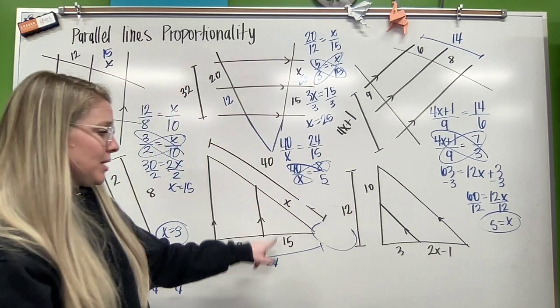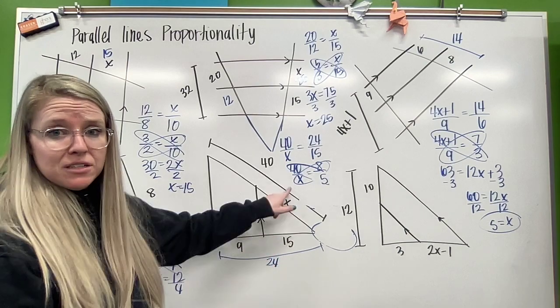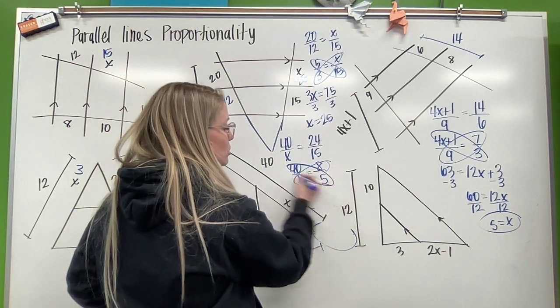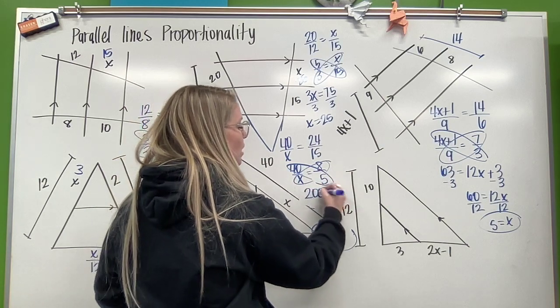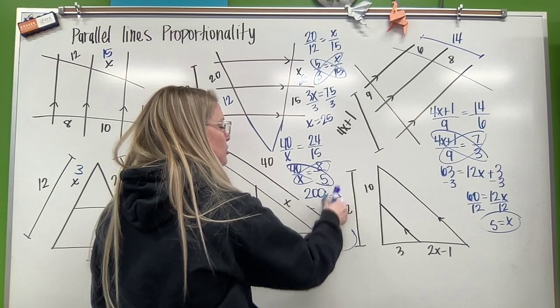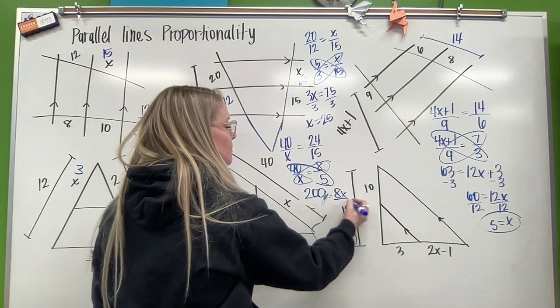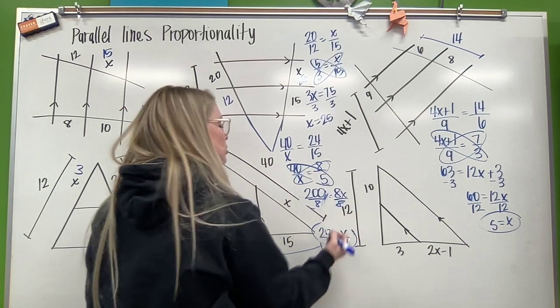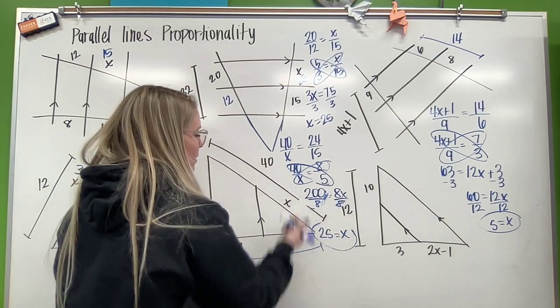That didn't make sense that they were going to be the same length, 15 to 15, so I obviously did something wrong. That was supposed to be a 5. So when I cross multiply here, I get 200 equals 8x. Divide by that 8, and x equals 25. That's better, much better.